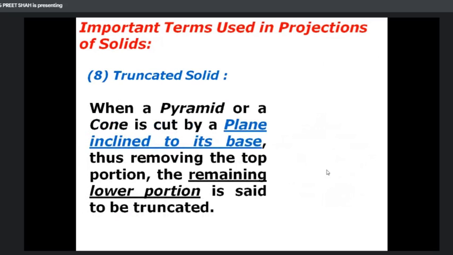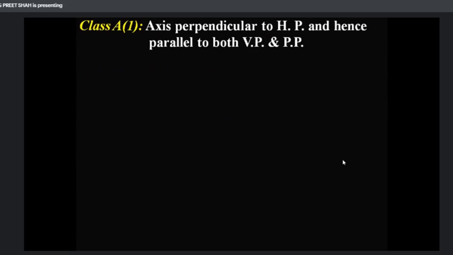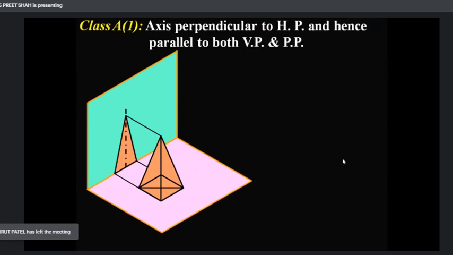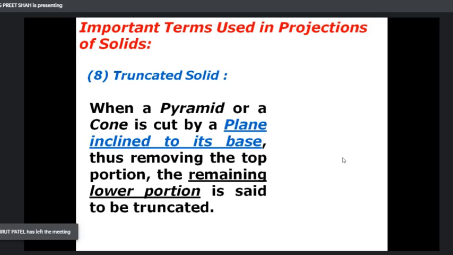Truncated solid. Truncated solid means the plane is inclined to the base. Go to the previous slide, there is one figure mentioned here. A truncated solid is when a pyramid or cone is cut by a plane inclined to its base.